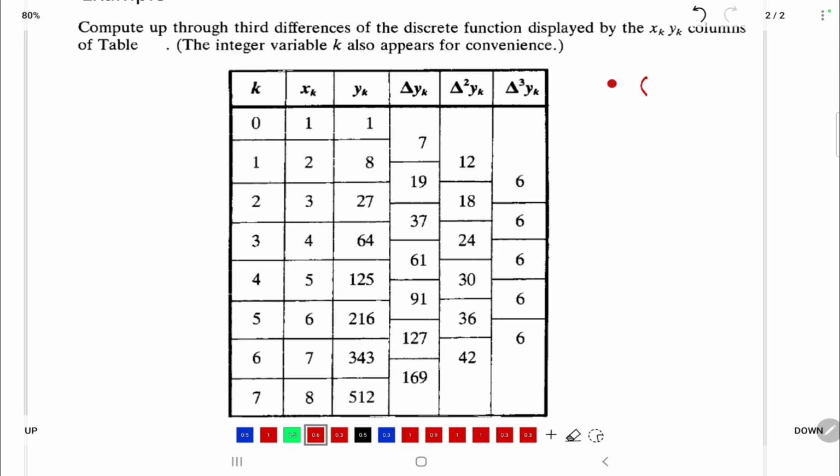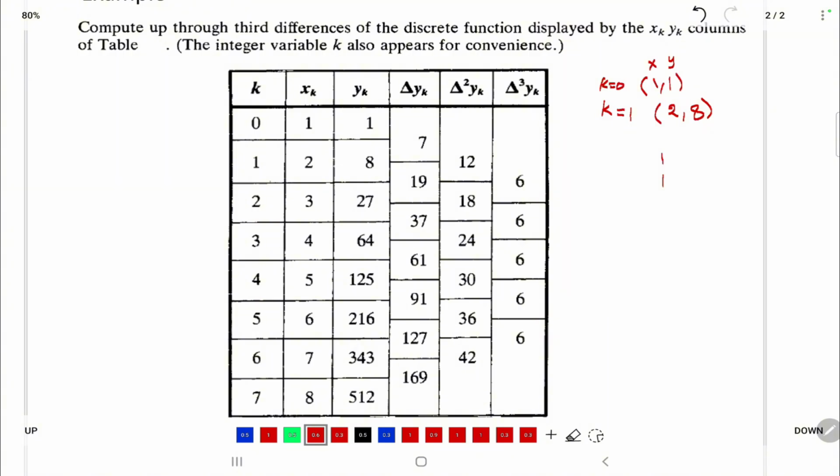Now the point at k equals 0 is 1, 1. This is x, this is y. For k equals 1, the value of x is 2 and the value of y is 8. This is the meaning of k, and so on.